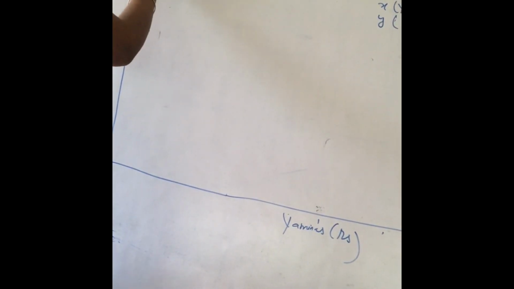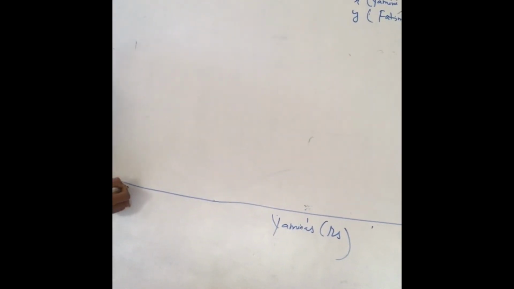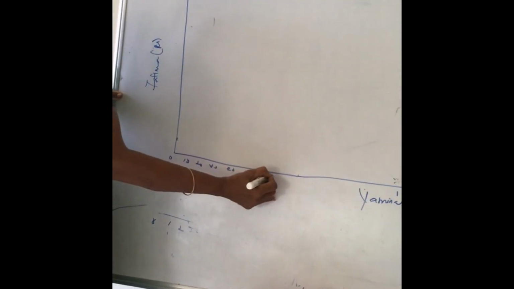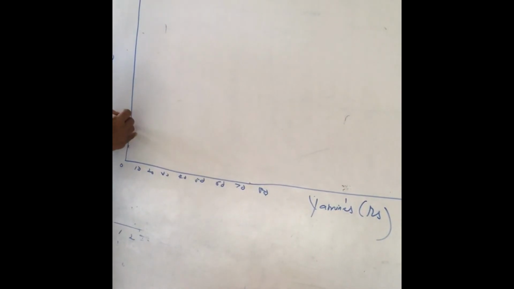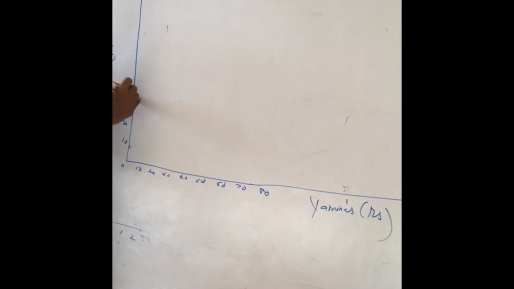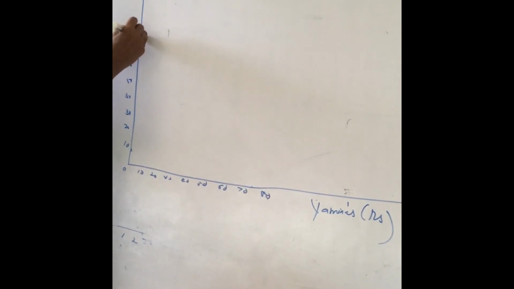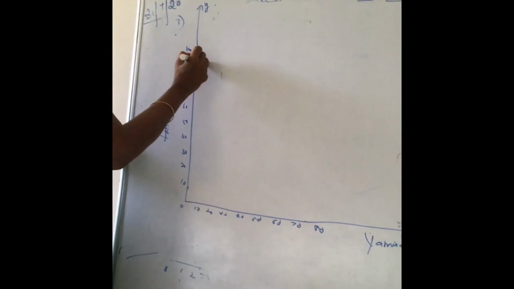An easy question, girls. 0, 10, 20, 30, 40, 50, 60, 70, 80, and here 10, 20, 30, 40, 50, 60, 70, 80, 90, 100. 0 and 90.